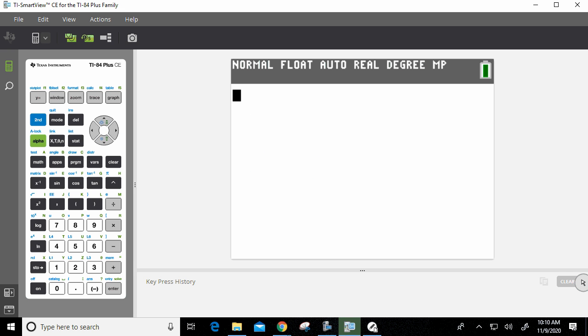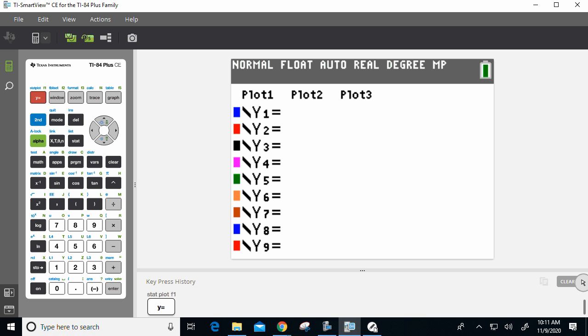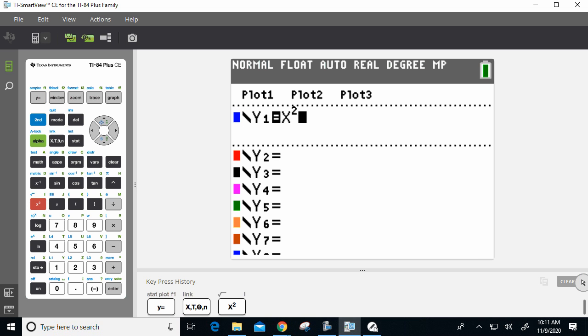Alright, so we need our graphing calculator. With your graphing calculator, you're going to press y equals to pull up your calculator. Then you type in the function that you want to look at. So it's x squared plus 3.